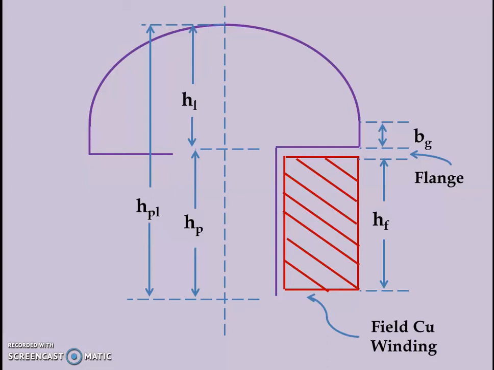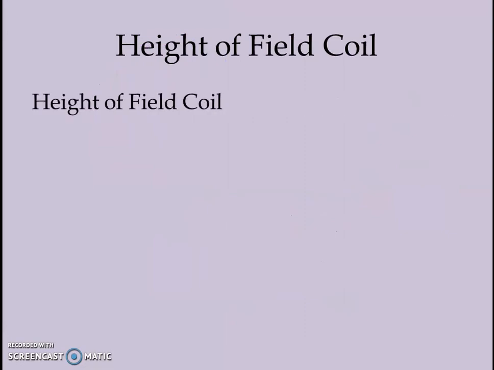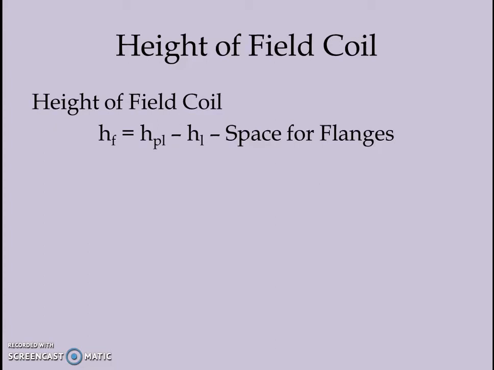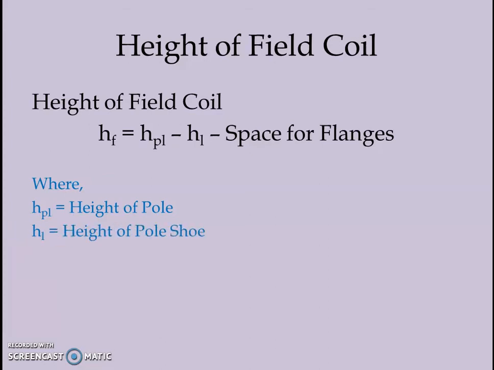This should be very clear, and from this we can get the height of the field coil. The height of the field coil, HF, is equal to HPL minus HL minus the space for the flanges, where HPL is the overall height of the pole and HL is the height of the pole shoe. So the height of the field winding is now available, and as I said earlier, the depth of the field coil or field winding we have to adjust.